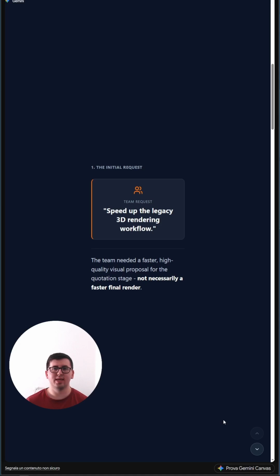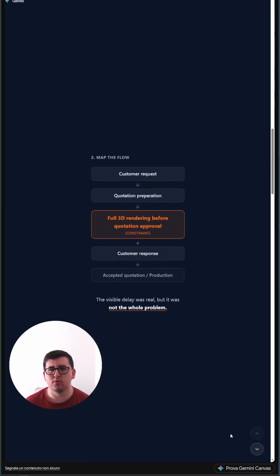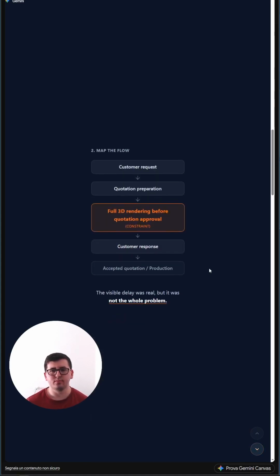But they had this workflow for almost 15 years, so they were thinking this is the only way to do it. And they wanted to implement AI. So usually the flow was this: customer requests, quotation and preparation, full 3D rendering before the quotation approval, then customer response, and then if the customer accepts, all this work was okay.